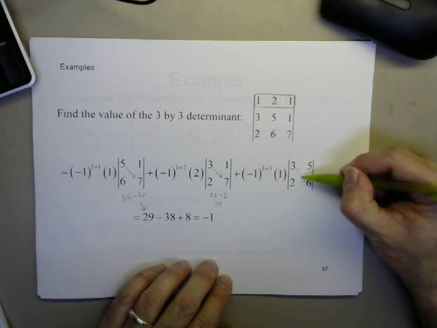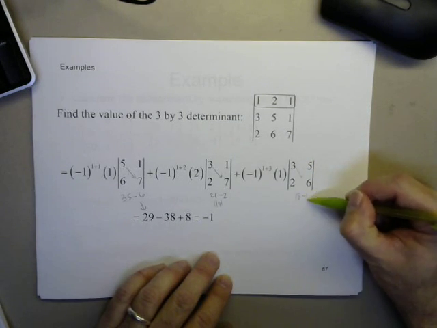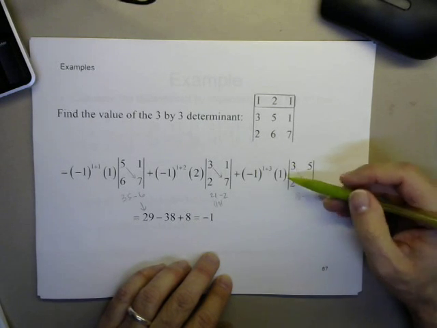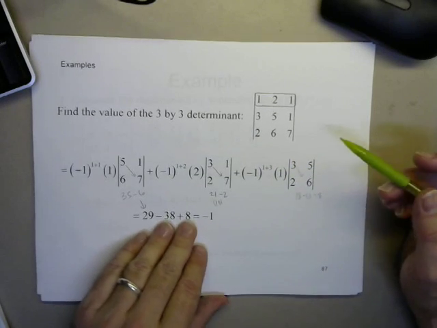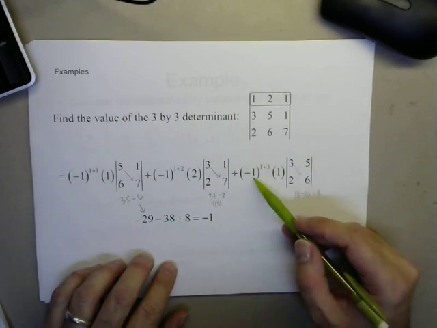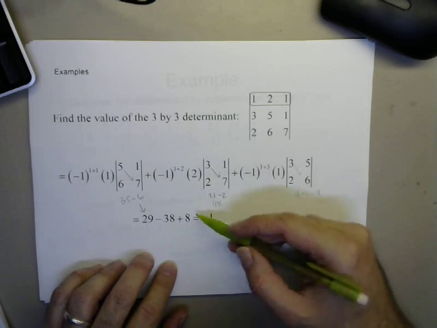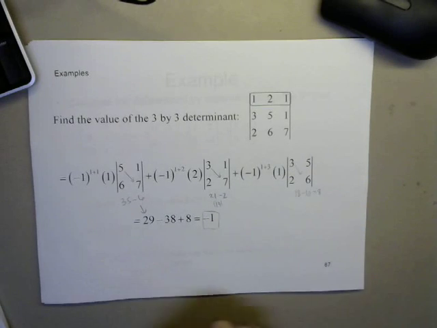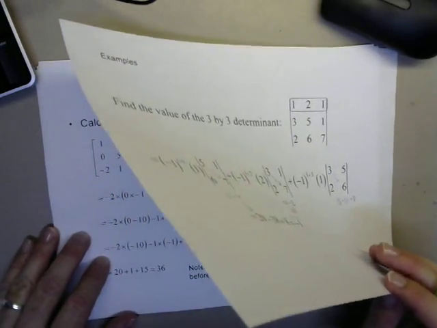And then here you take 3 times 6, which is 18, minus 2 times 5, which is 10, that gives you 8. Multiply that by 1, and then multiply that by -1 to the 1 plus 4 power. So in this case the -1 to the 4th power would just be a positive 8, and then add those numbers together, and that gives you the value of the determinant there. And again, you can expand this along any row or column.